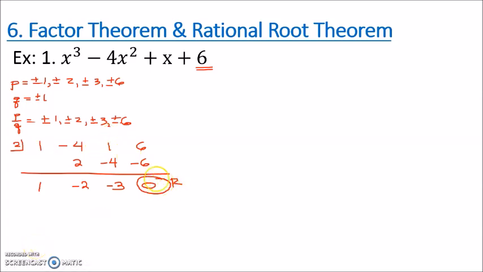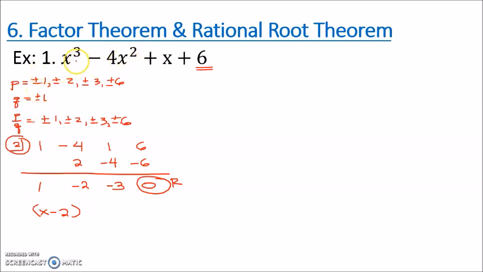Okay? And sabi ng factor theorem, pag 0 ang remainder, ibig sabihin, this is a 0 of the polynomial. So, when this is a 0 of the polynomial, meaning, x minus 2, yan ang equivalent niya, is a factor of this polynomial.